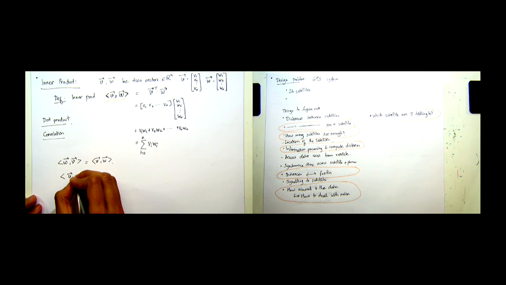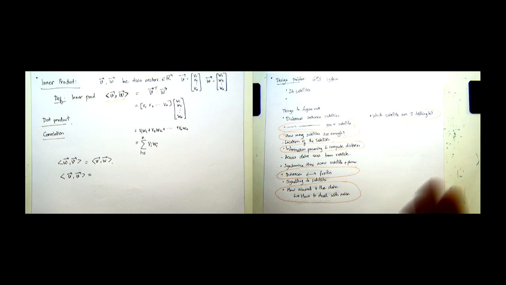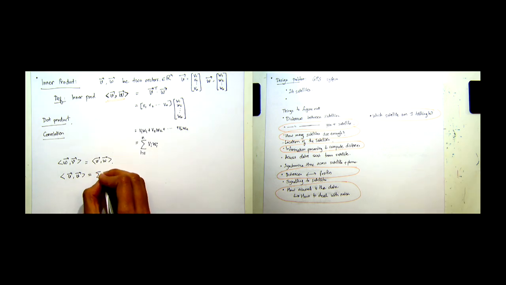What if you take this special inner product of V comma V? What do you get out? You take the inner product of a vector with itself. This is the same as the sum of Vi squared, right? Is there something else we know how to call this?